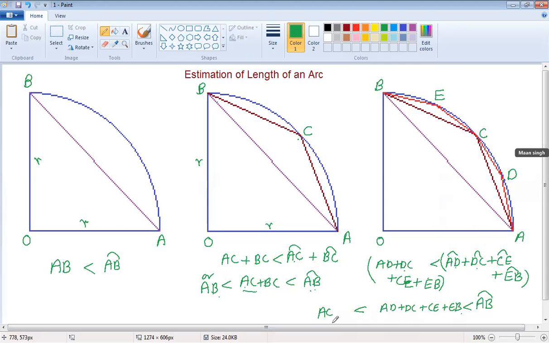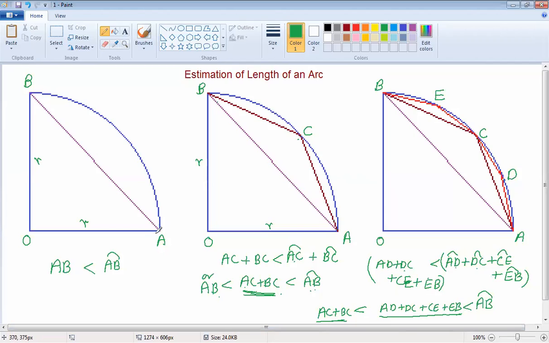That means AC plus BC is less than the sum of these four distances. So in comparison to the previous value AC plus BC, now we have a better estimate of the curve length. Arc length AB is still not obtained, but we have got a sum of the lengths which is still closer to the arc length AB.